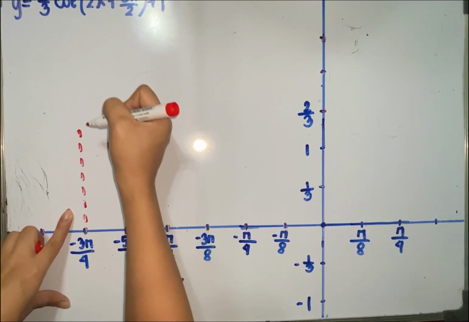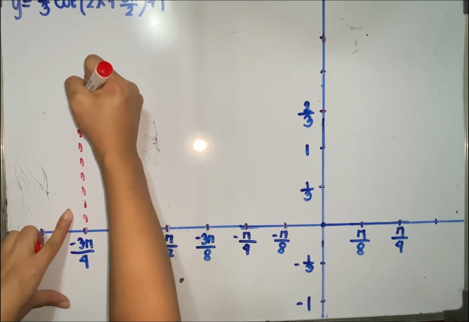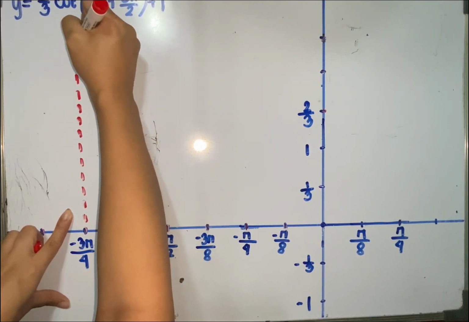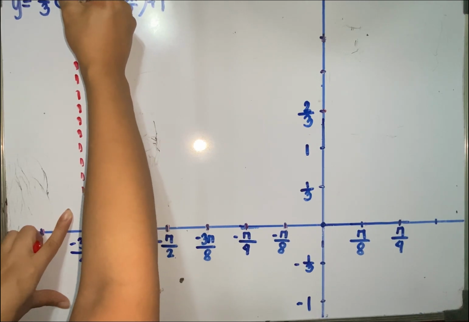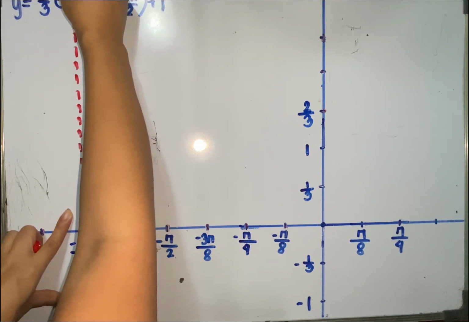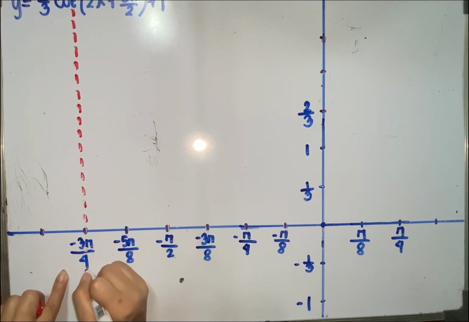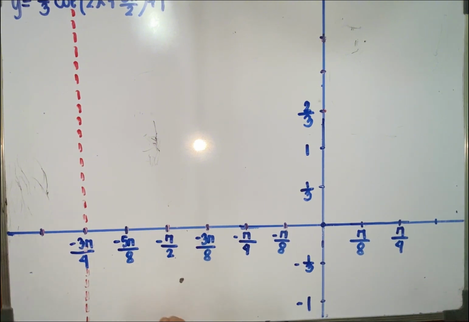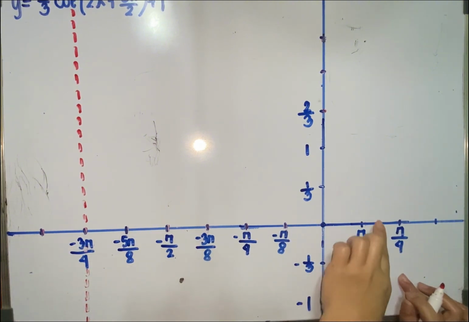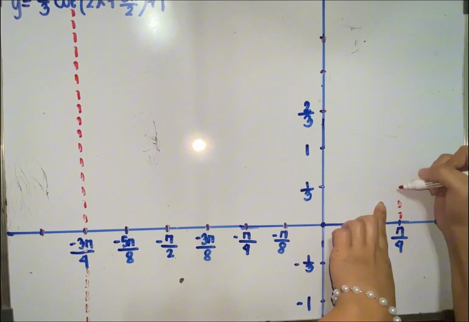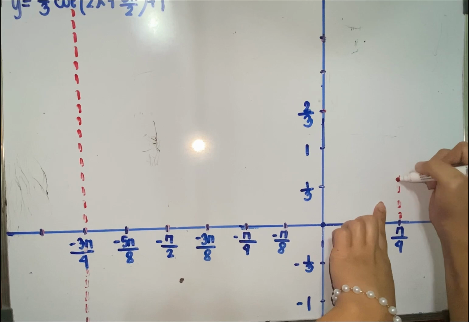So we have to mark first negative 3 pi over 4, for us to know the boundaries of our graph later. Our last asymptote is pi over 4 as well.